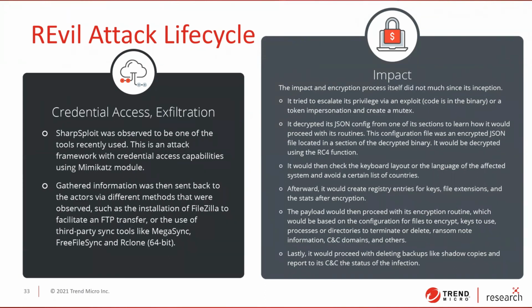They check the keyboard layout for language. And again, if it's in a certain language, a certain list of countries, it does not execute, which maybe gives you some information about where it might be coming from, but I would not trust that. And then they delete backups and report to their command and control.